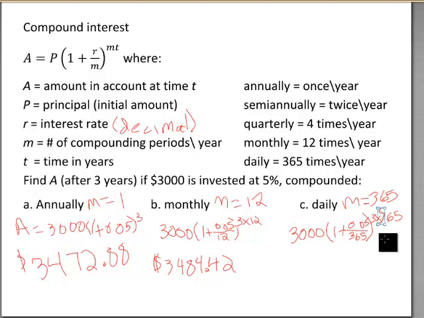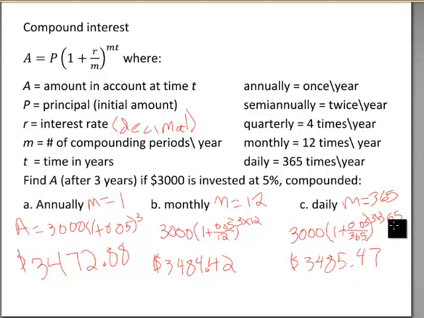Again, this higher exponent should make the number a little bit higher, and it does. According to my calculation, we now get $3,485.47. Notice here, it went up, but not nearly as much.